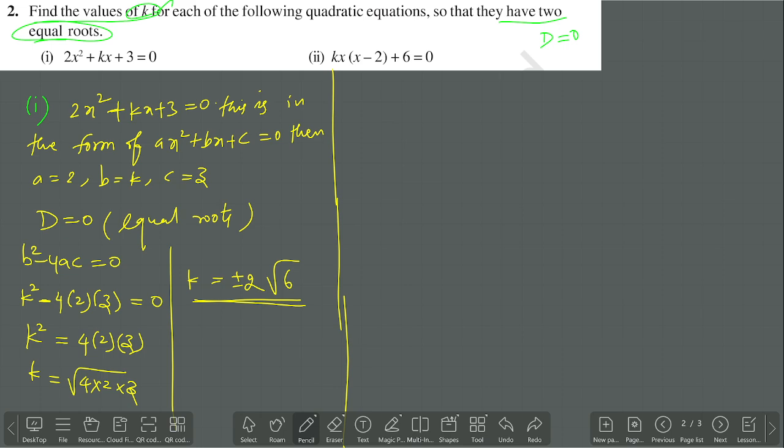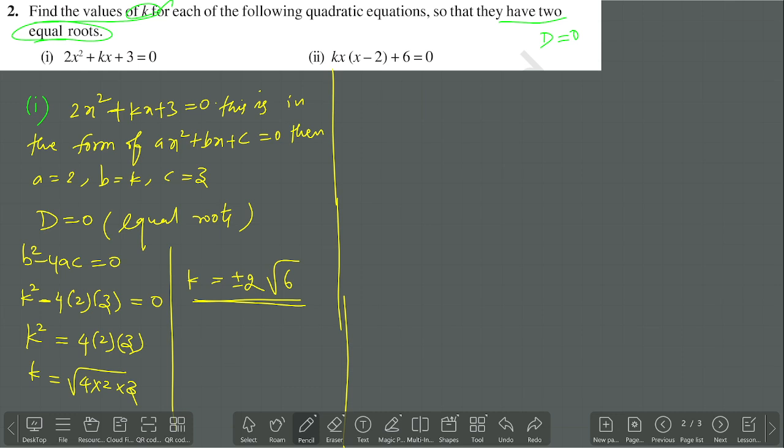Sometimes in positive you may not get it, in negative you may get it. Then only negative you have to give as the answer. Sometimes in negative you may not get it, in positive you will get it. Then only positive you have to give as the answer. Sometimes in an MCQ, they would have given both answers, then you will be getting confused. If they have given plus and minus as separate options, plus one option, minus one option, only one will be satisfied. One will not. Do you understand? But here it is okay. It will satisfy, no problem. If you have a doubt, you can go through it.